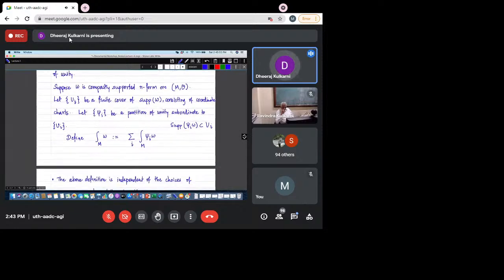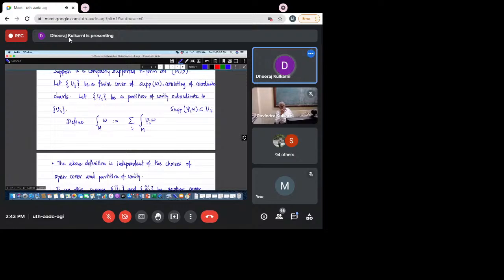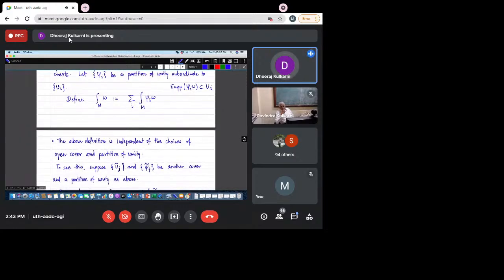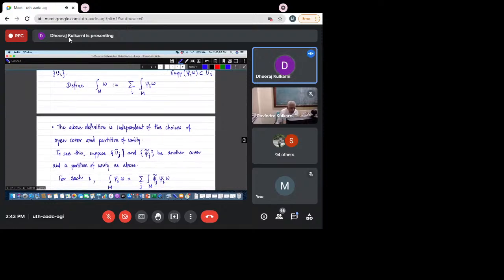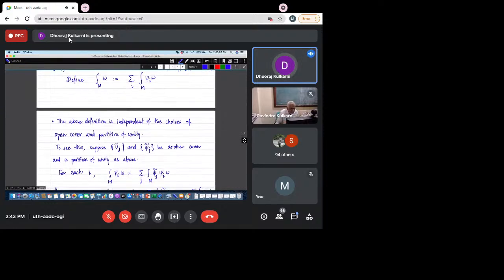So let us assume that we have made two choices; the other choice that we have is U_j tilde and psi_j tilde. Let us see why we get the same quantity on the right hand side, and then therefore the definition will make sense.